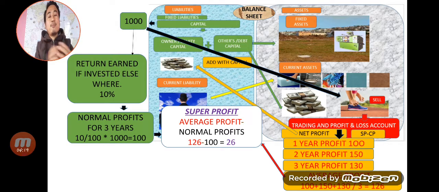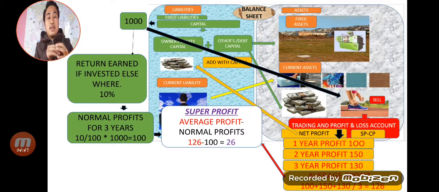And the extra profit which is being generated is 26. This is not normal profit, this is super profit. So investors will know that this existing business is giving extra return, maybe due to the USP, unique selling proposition, or any core competencies which this existing business has.